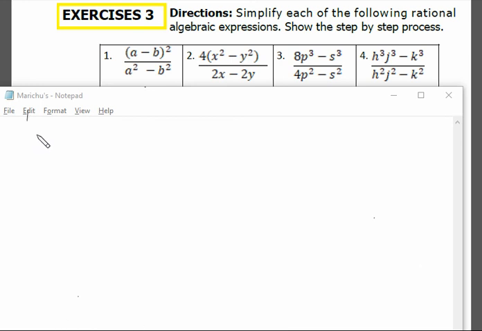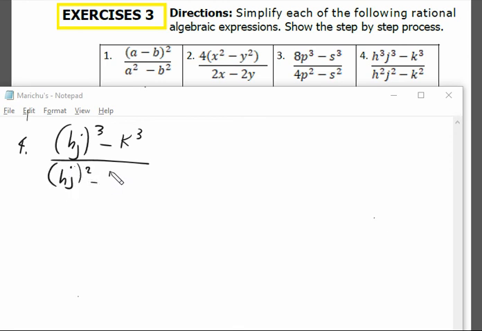Okay, the last, number 4. Let's rewrite this into the form hj, enclose this in q, minus kq all over hj, j squared minus k squared.